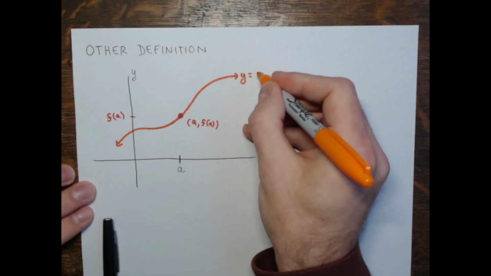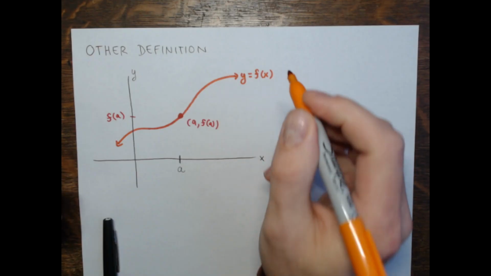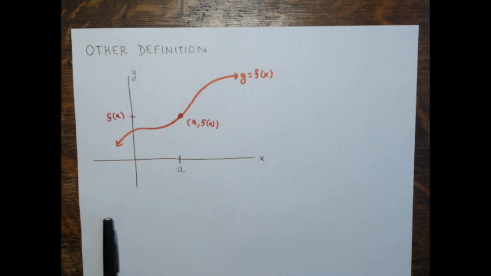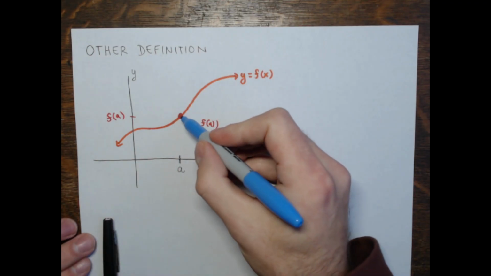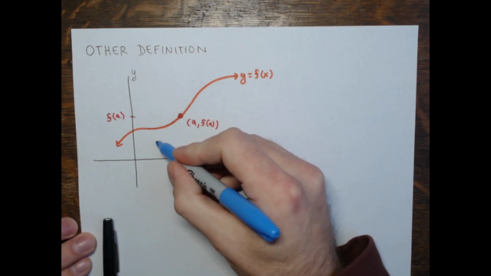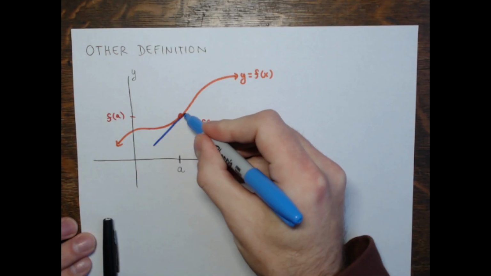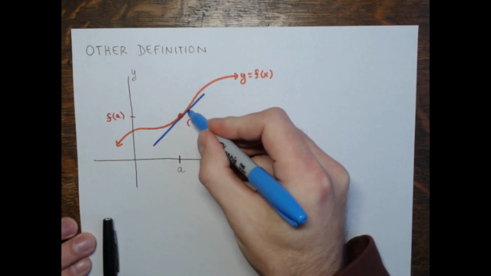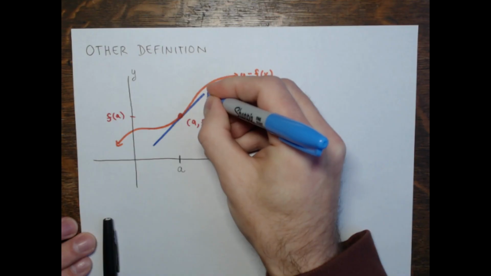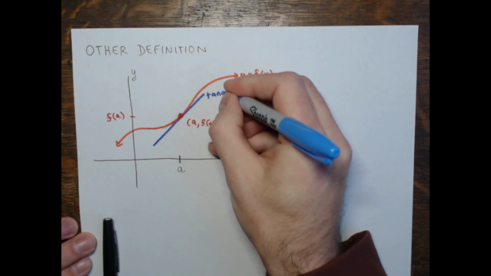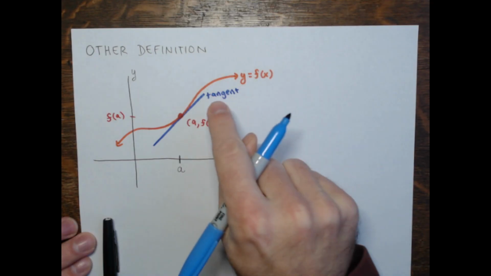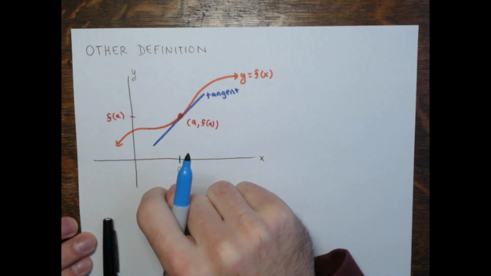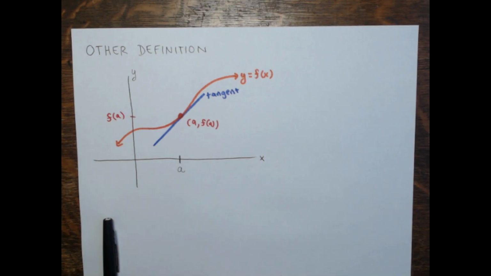Here's y equals some function of x. All right. And we want the slope of this tangent line, right? So at this point where x is A, here's the line that's just glancing off the curve, right? It points in the direction that the curve is going in at that moment. So there's the tangent line I want to find the slope of.